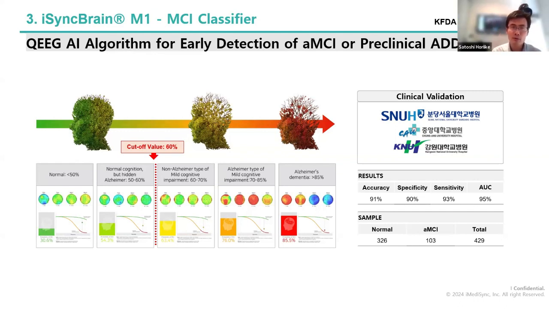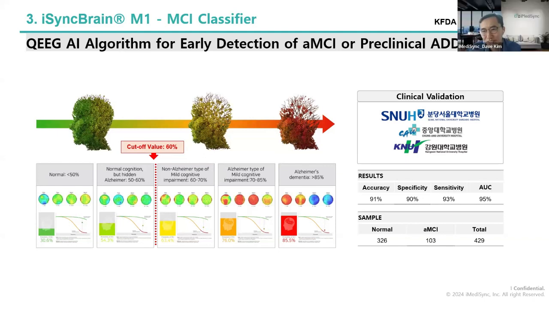So we have to learn how to explain and how to read the QEEG. Yeah. That will be very helpful for integrating this MCI score and the full EEG reporting. If you are familiar with reviewing the full QEEG report in the iSyncBrain, then you can more easily understand the patient status using the QEEG. You have to use the QEEG pattern for understanding patients.